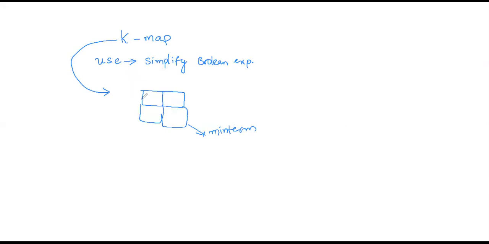To simplify a given Boolean expression using K-map, first you need to convert the given Boolean expression into standard SOP or standard POS form.